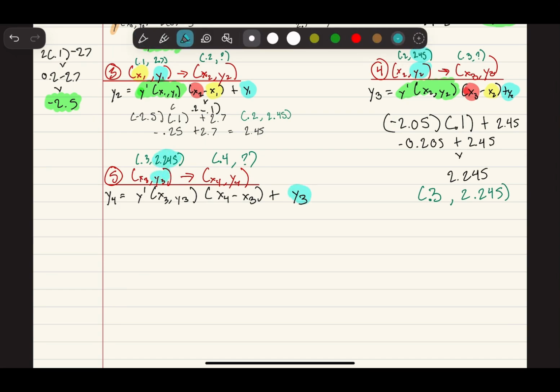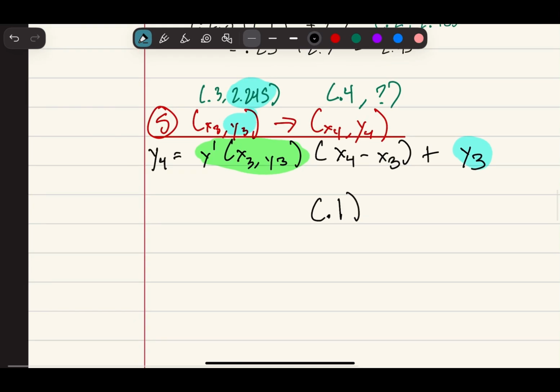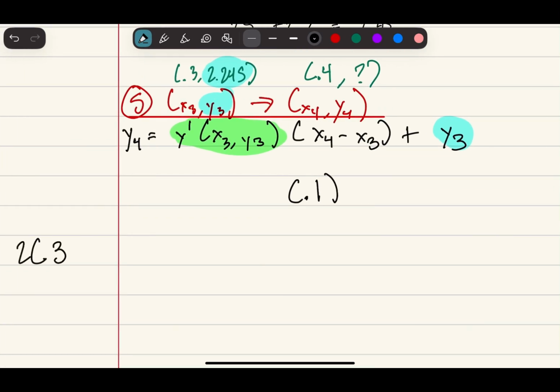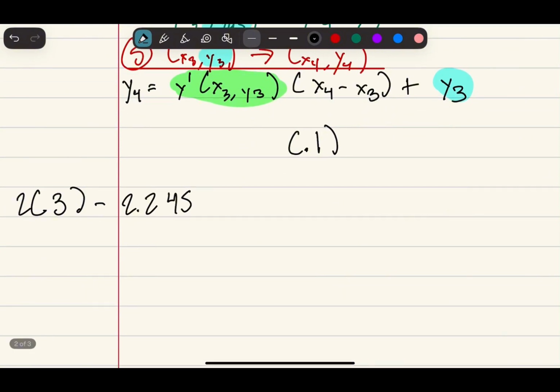There we go, green. And then, you know, it's going to be 0.1, so we can just put that, but we do have to plug these into 0.3 minus, yeah, it was minus 1, if I remember correctly, 2.245. And calculator, we're going to get 0.6 minus 2.245, and we're going to get negative 1.645.